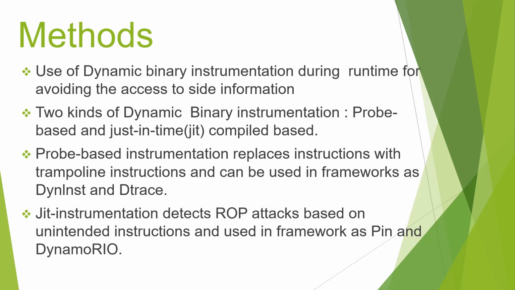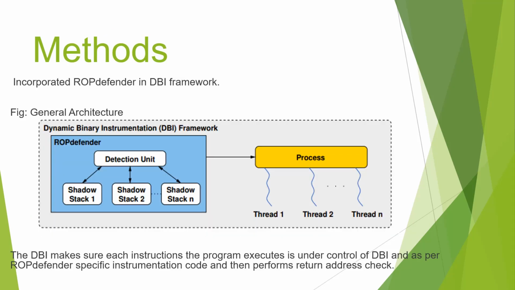Probe-based instrumentation can be used in frameworks such as DynInst and DTrace, which replace instructions with trampoline instructions for branching to instrumentation code, whereas JIT instrumentation can be used in frameworks such as PIN and DynamoRIO, which detect ROP attacks based on unintended instructions and do not replace instructions as probe-based instrumentation does. Further, they incorporated ROP Defender in a DBI framework.